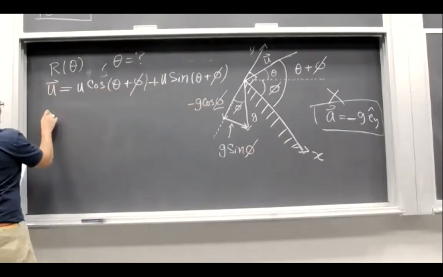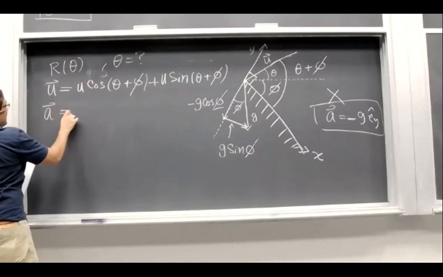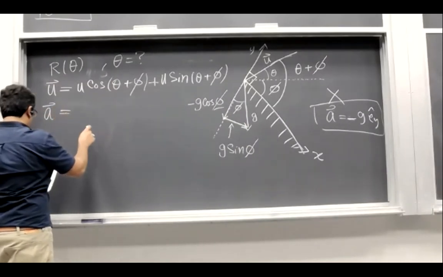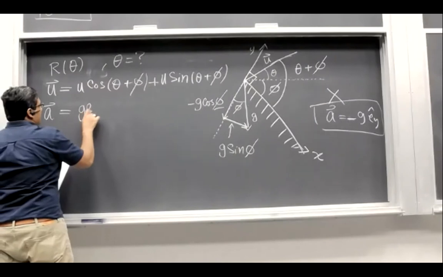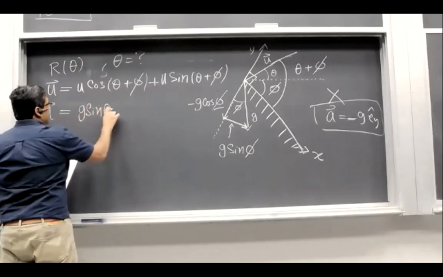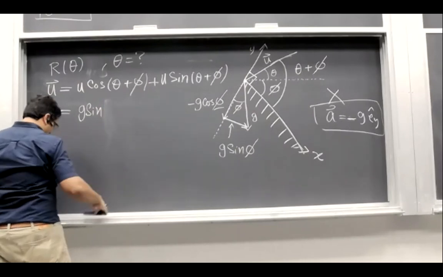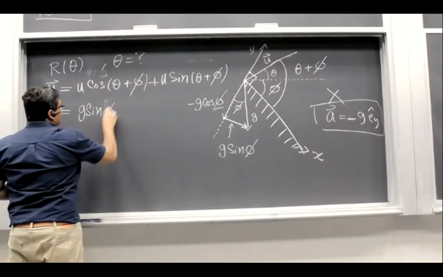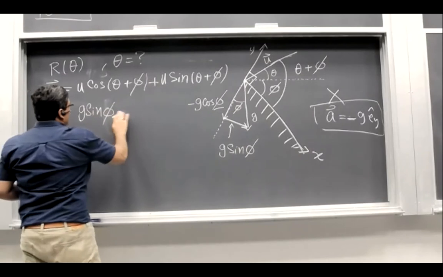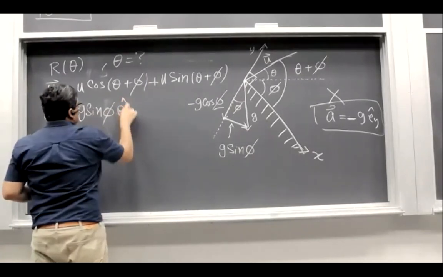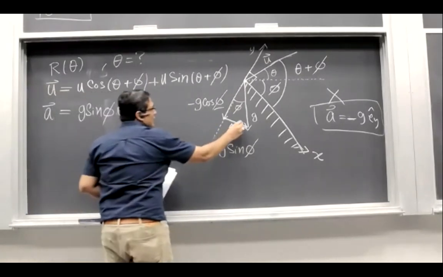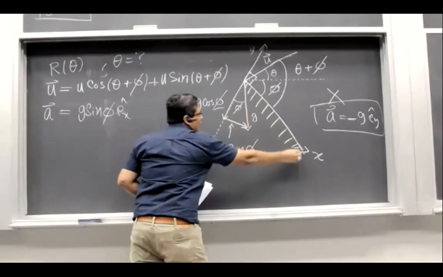So now the acceleration is, this is the only difficult part in this problem, g sine phi EX, because the x component is parallel to the positive x-axis.